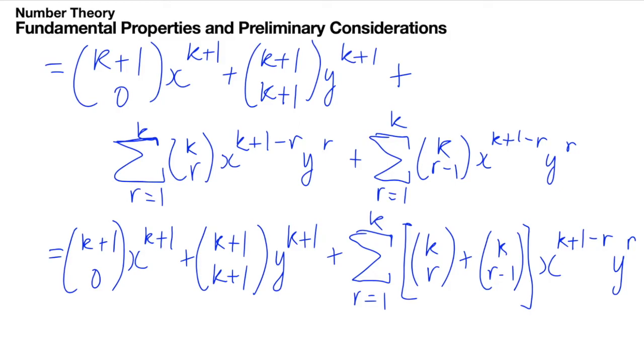Now, notice this part here. Actually, we can try to recall one very important theorem, or shall we say identity. In our previous video, we called that the Pascal's identity.